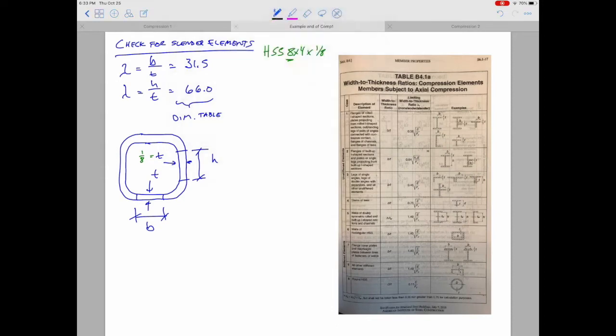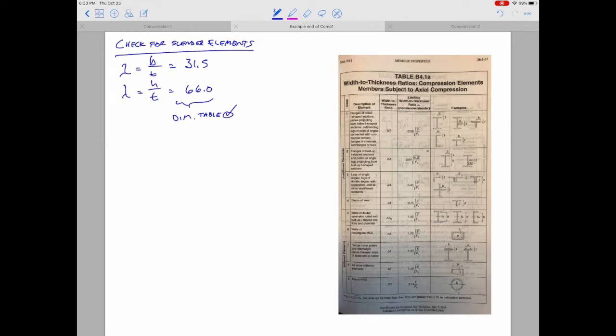Okay, but for the time being, let's continue on. So I have these from the dimensions table. And now I'm going to compare them to lambda r, which is given down here in case 6. Right, this is my lambda r.